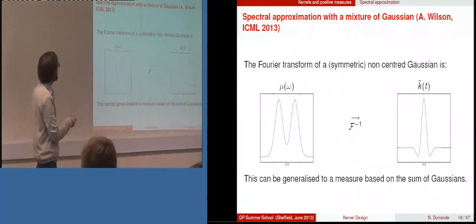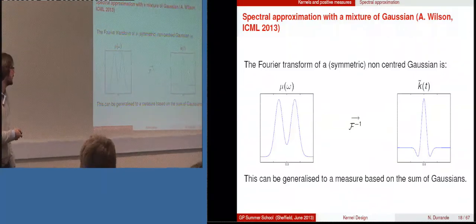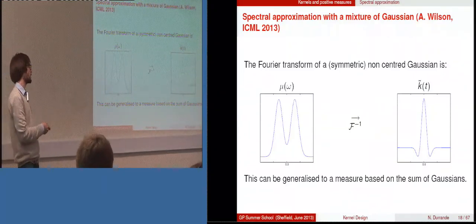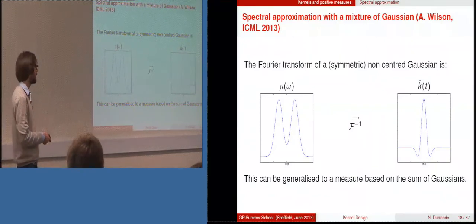If I take the Fourier transform of this sum of two Gaussians, I obtain this kind of shape, which is the product between a cosine and a squared exponential kernel. So the cos RBF, I think it was in the lab, you've been using it.